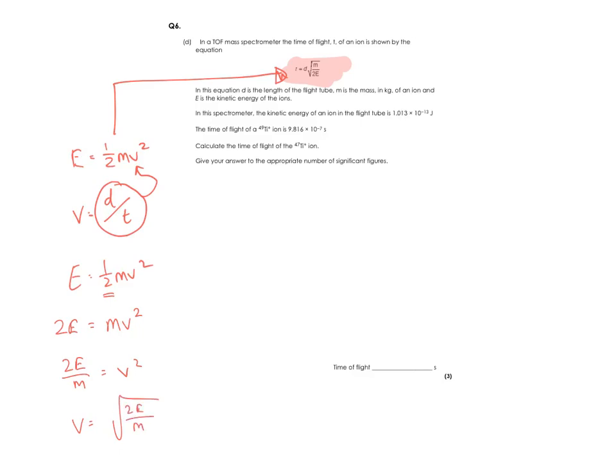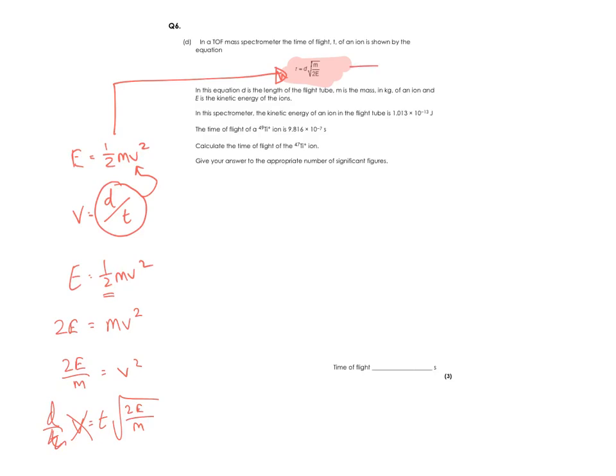Then you can substitute in d over t for v. So instead of v, you write d over t, and then to get d by itself, you multiply both sides by t, and that gets d by itself. So that's one way you can rearrange.